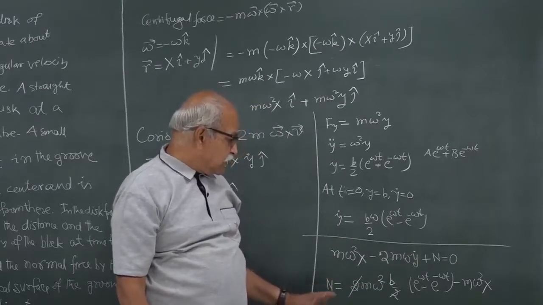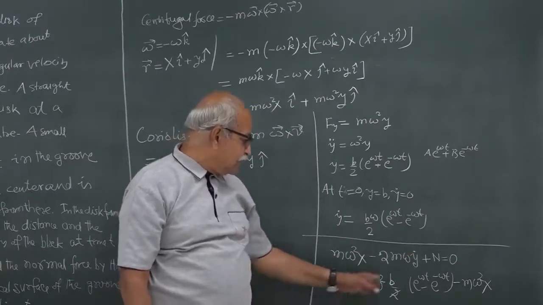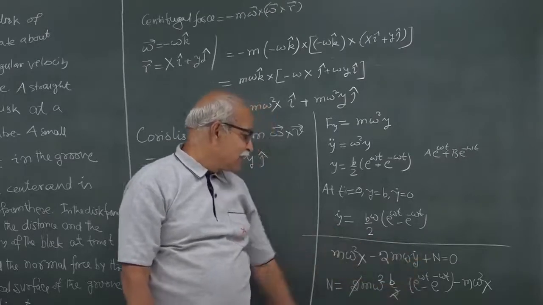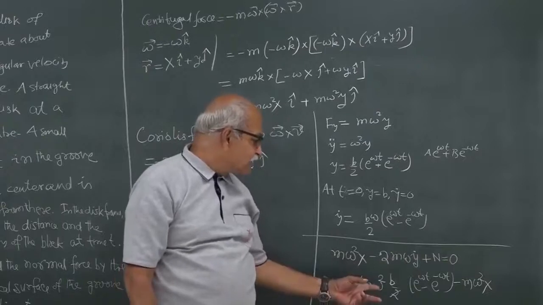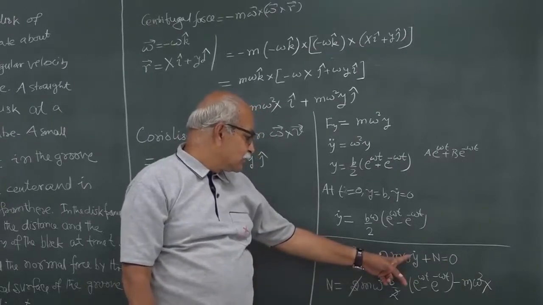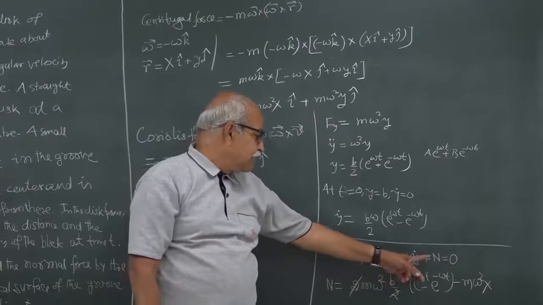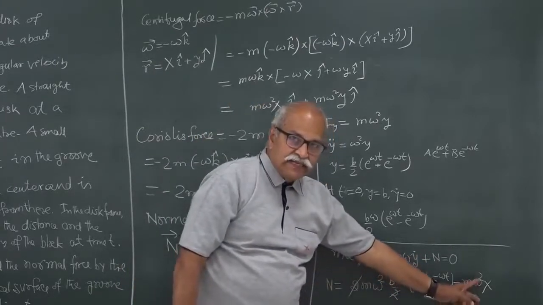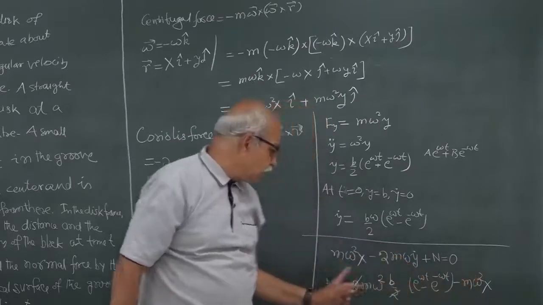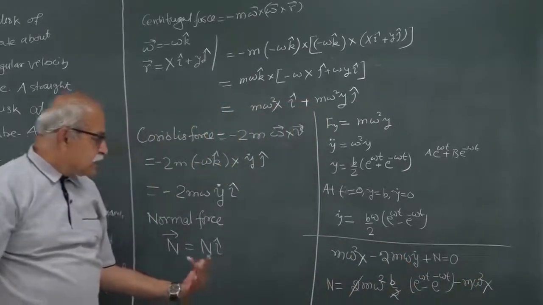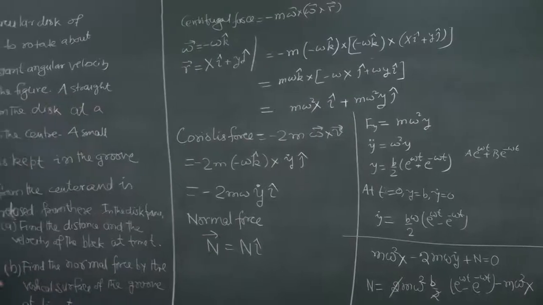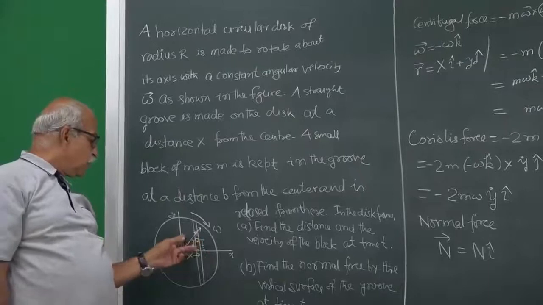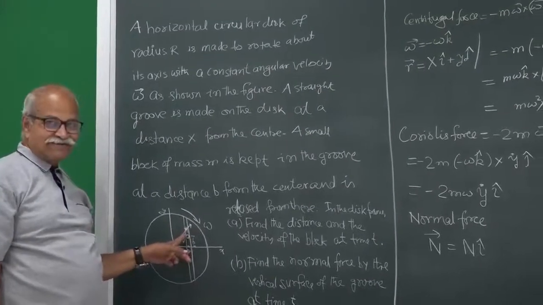Now, the thing is that this y dot is increasing continuously. To start with, at t equal to 0, this y dot is 0, and therefore, N will be just this much, and which is negative. This normal contact force is in the negative x direction. That means this outer wall is pushing it more than the inner wall.